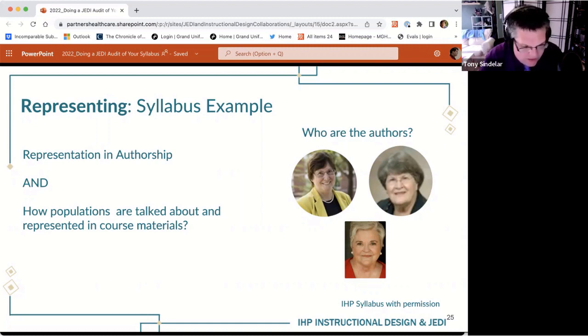So the idea here of representing is that it's important to have materials from a variety of audiences to hopefully reach students who are from a variety of audiences and prepare them for working with diverse populations as they go out and become the various types of health professionals they might be.